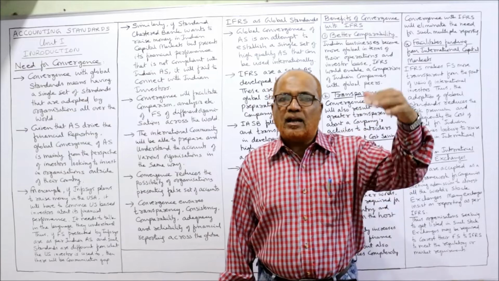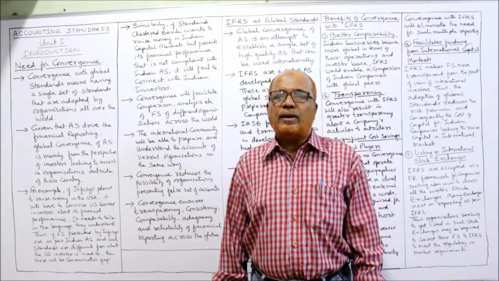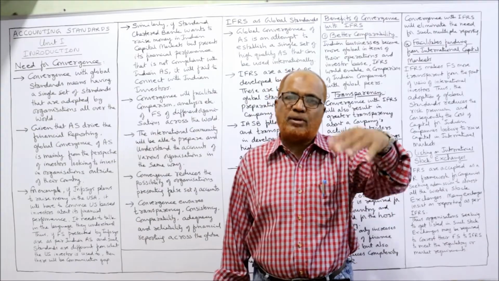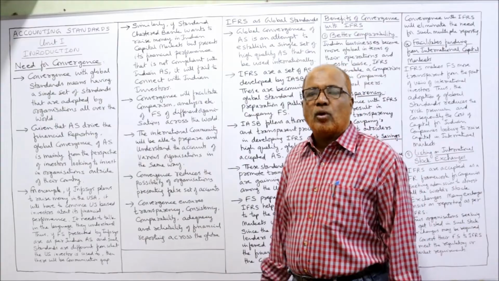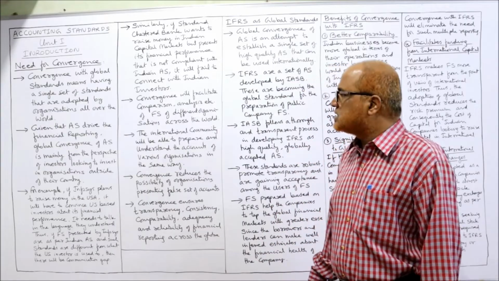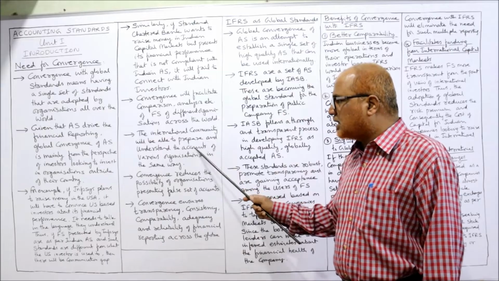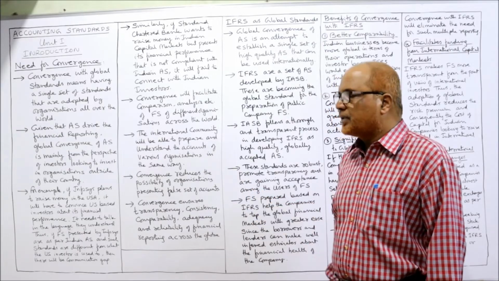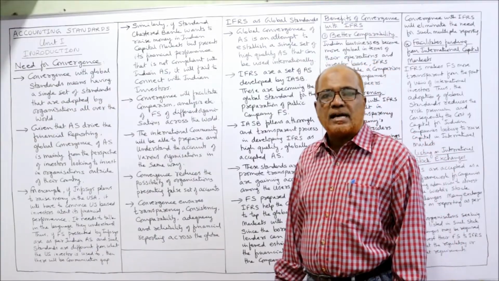Throughout the world, we will be able to compare it with other organizations. We can compare the Indian company's performance with a foreign company's performance, because both are following the same set of accounting standards. The international community will be able to prepare and understand the accounts of various organizations in the same way.